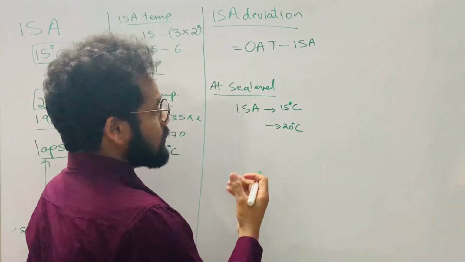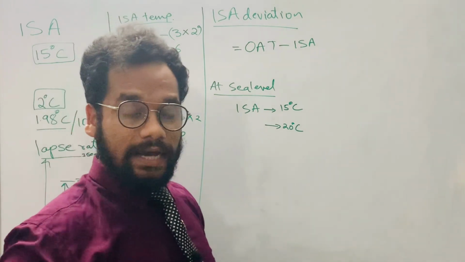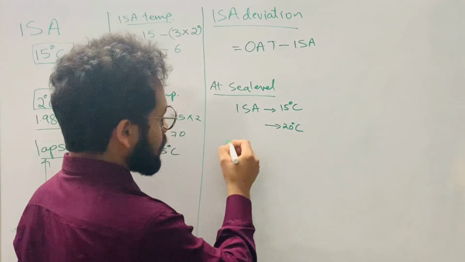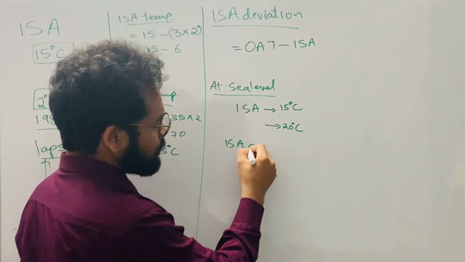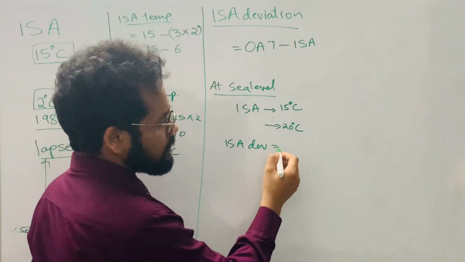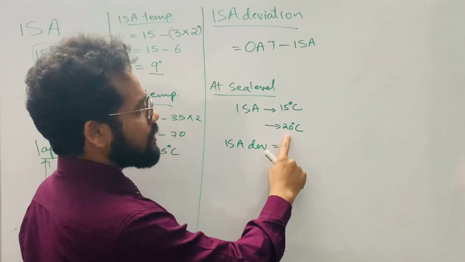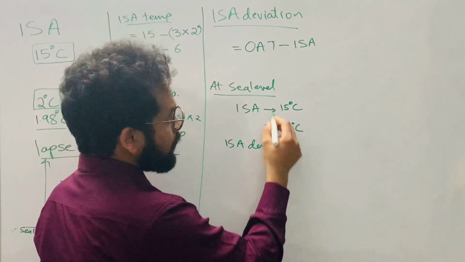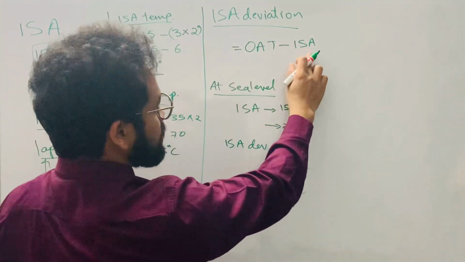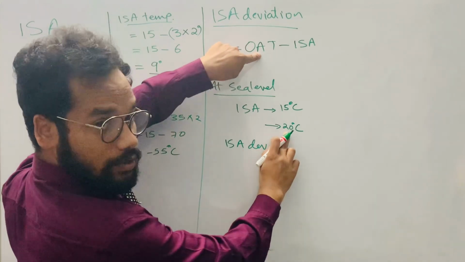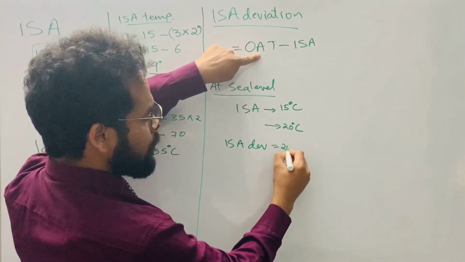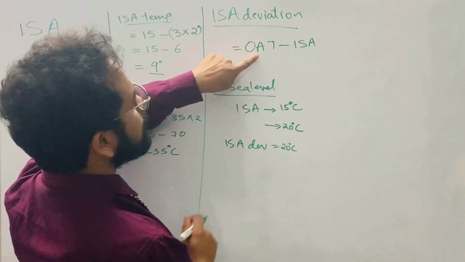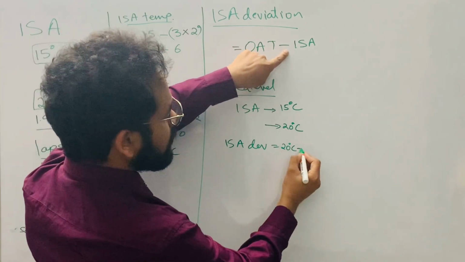So in that case, how much is the ISA deviation? If you want to calculate how much the actual temperature has deviated from the standard ISA, OAT minus ISA is the formula. OAT is 20 degrees Celsius on that particular day, minus ISA.